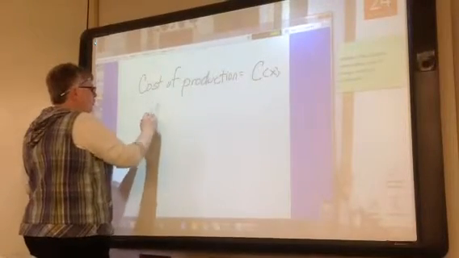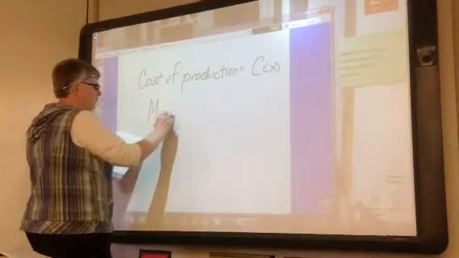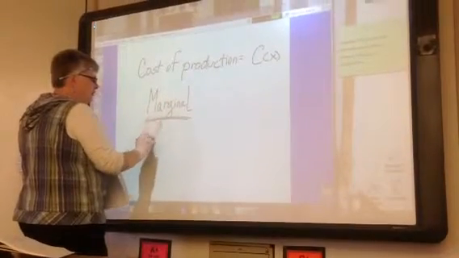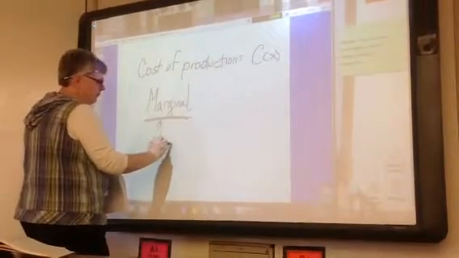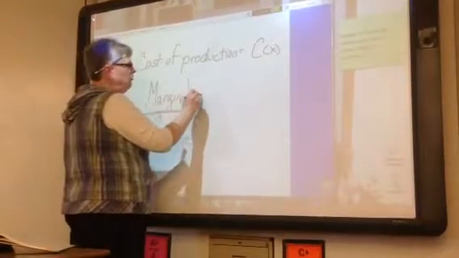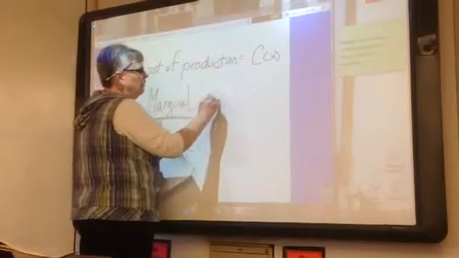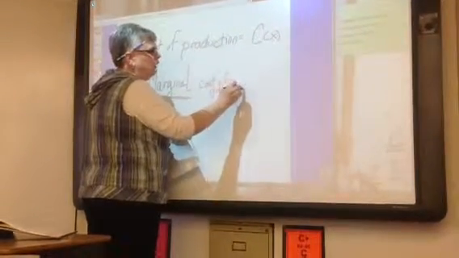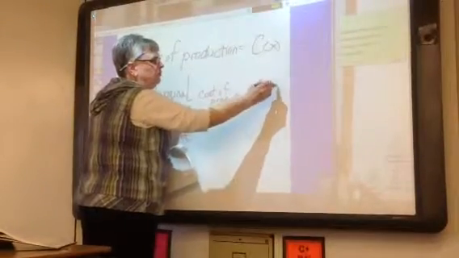If you see the word marginal, anytime they ask for marginal, that's the derivative. So if in the process they ask you to find the marginal cost of production, basically they're asking you to find the derivative.